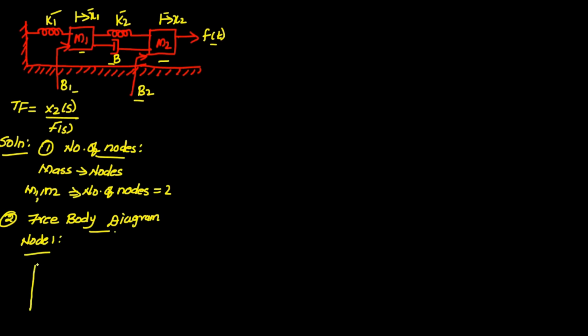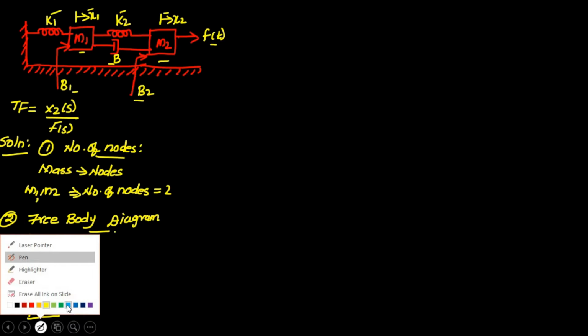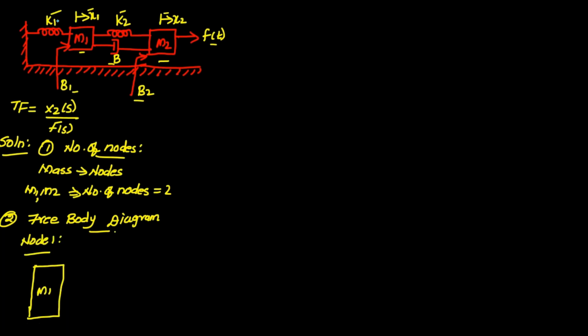So node 1 is nothing but mass M1. Okay. So let's check what are all the elements connected to mass M1. So to the mass M1, the elements connected are K1, K2, B and B1, right. So all these elements will offer an opposing force to this mass M1. Also the mass M1 will offer an opposing force, correct.